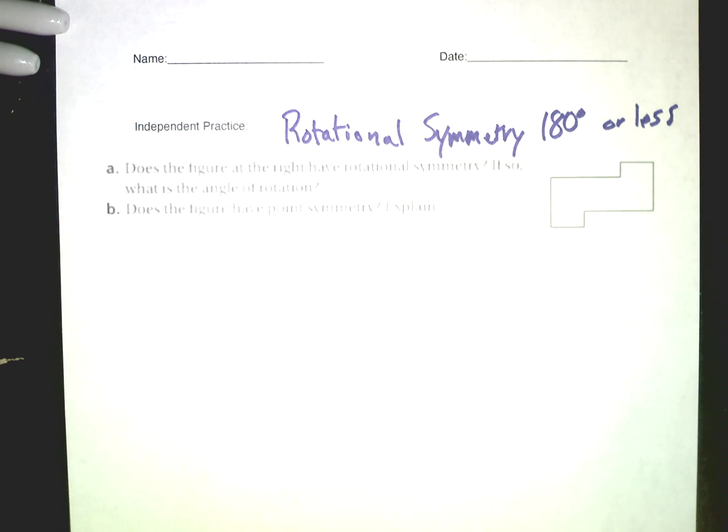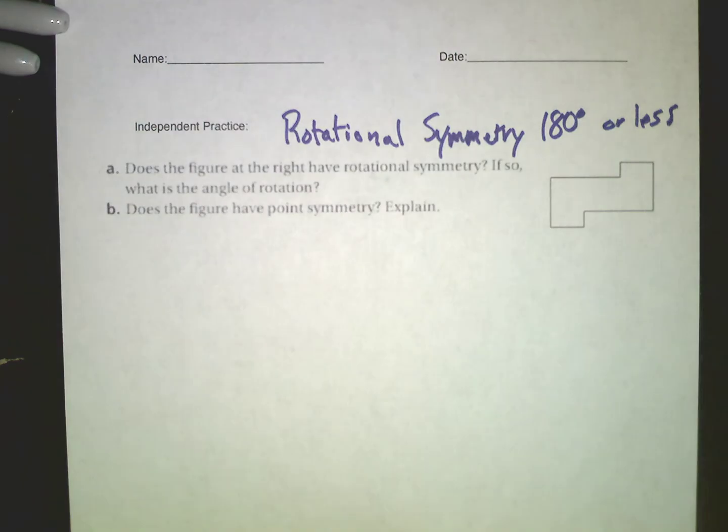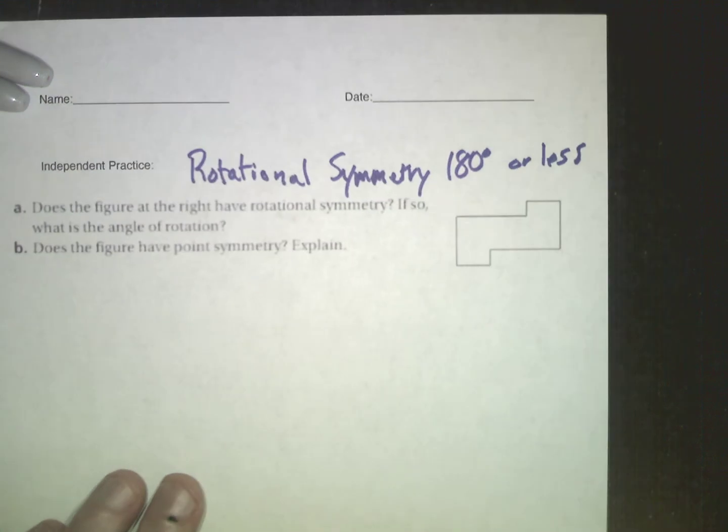Okay, so let's make things a little less confusing, and let's look at this one. Does the figure at right have rotational symmetry? And what is the angle of rotation? Well, this kind of funny shape here, if I rotate it 90, doesn't look anything like it, right?